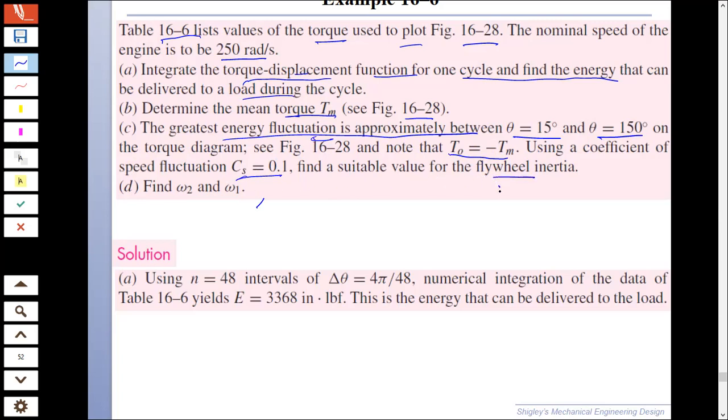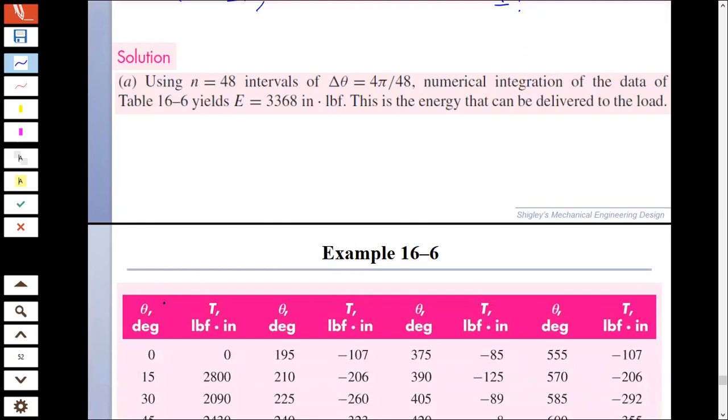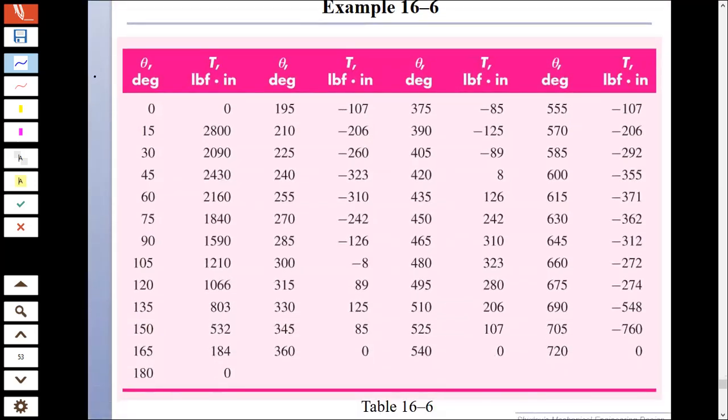Okay, so we have to find the inertia, find omega 2 and omega 1. Let's have a look at the table. So this is the table, and this table lists the torque after every 15 degrees of displacement.